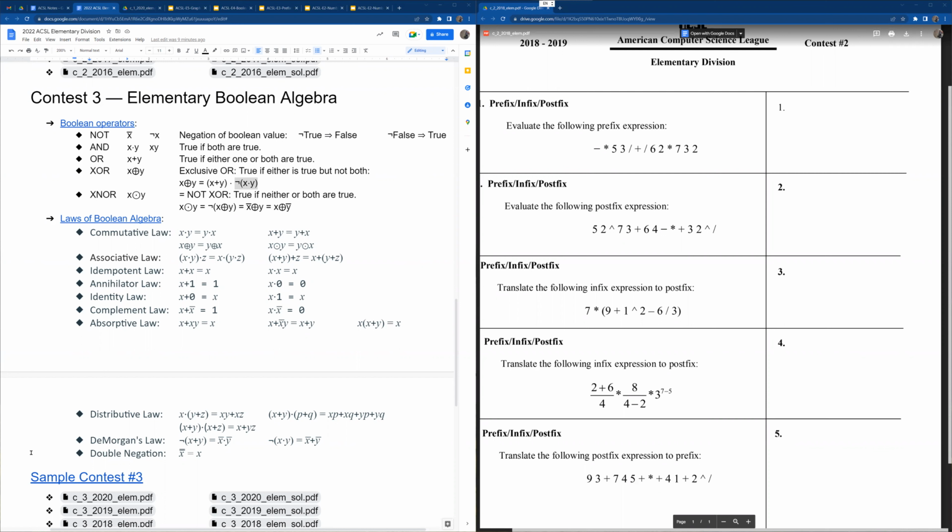The De Morgan laws and the distributive laws are the ones that you very often encounter in simplification problems.